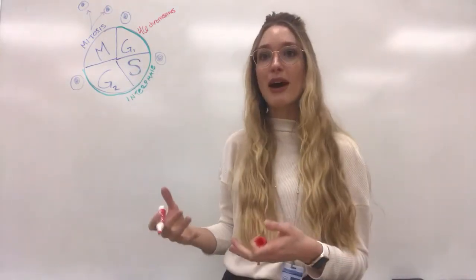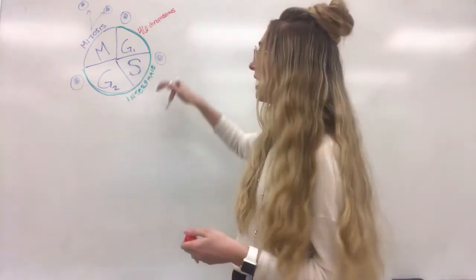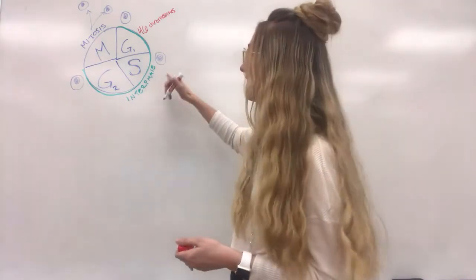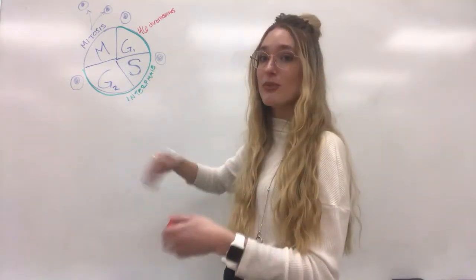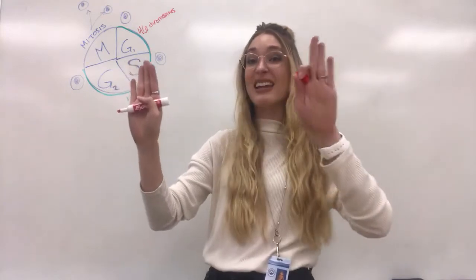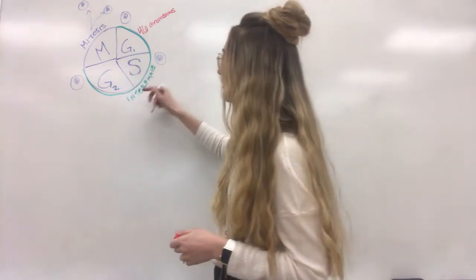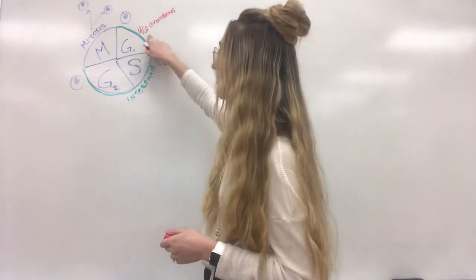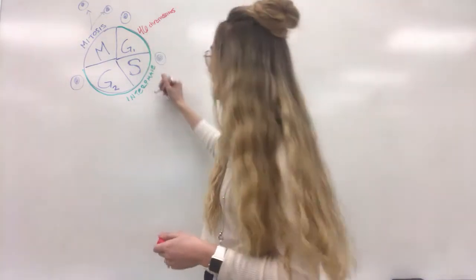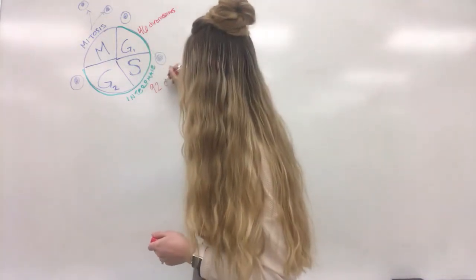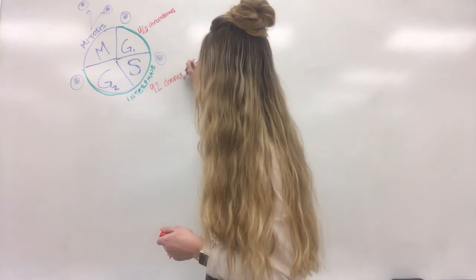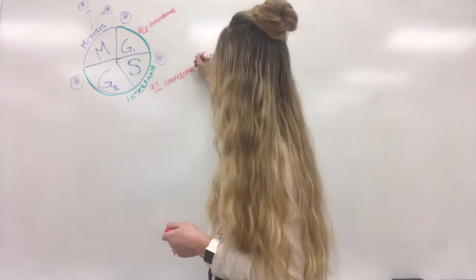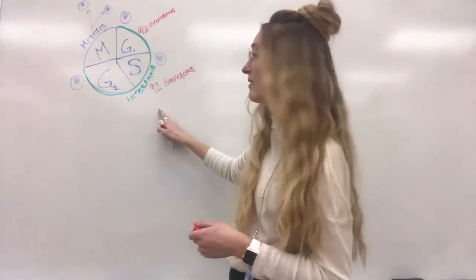We will talk more about how DNA replication occurs, but for right now, all you need to know is that DNA is duplicated. You make two copies. First you had one, now you have an identical copy. So by the end of S phase, you'd have twice this amount, which would be 92. So you have twice the amount of chromosomes by the end of S phase.